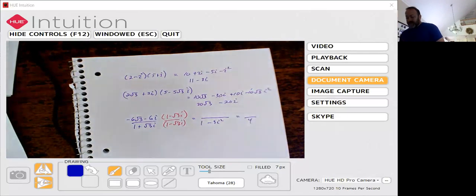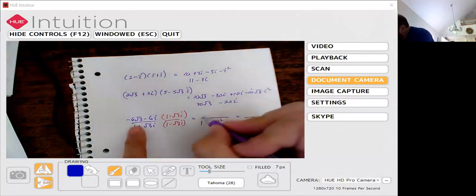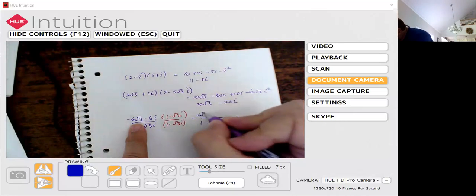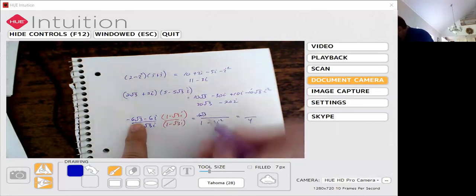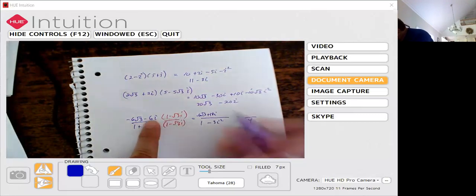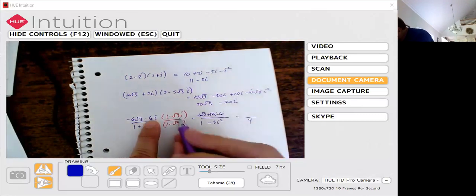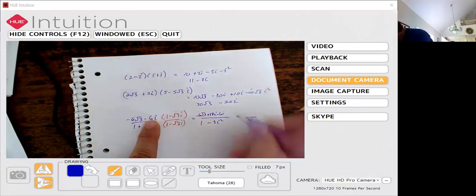Now, the numerator, well, not quite so nice. 3. I've got a positive i. I've got a minus 6i. And last right here, I've got positive root 3i squared.